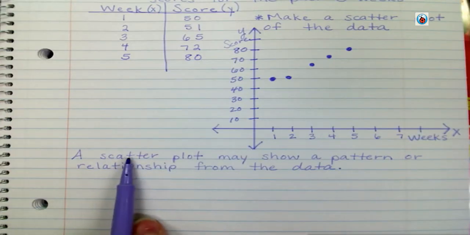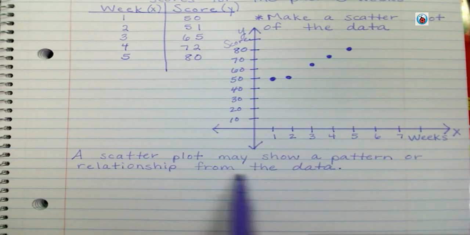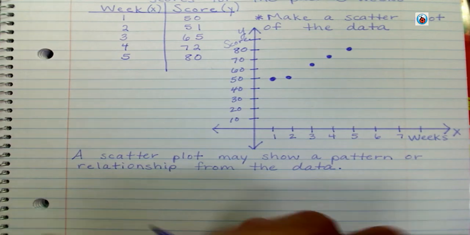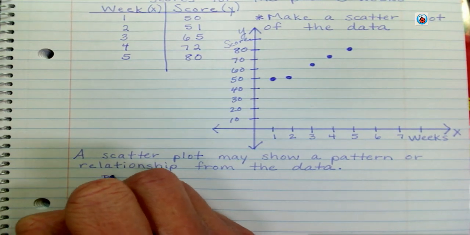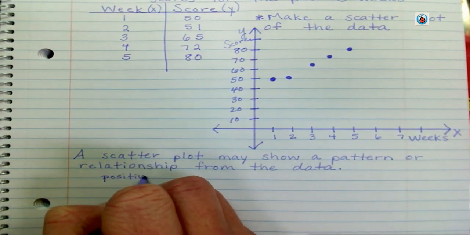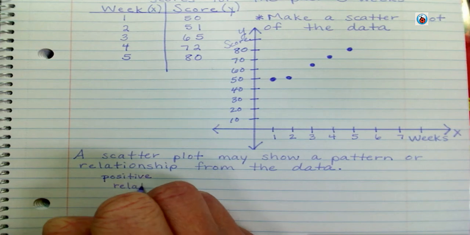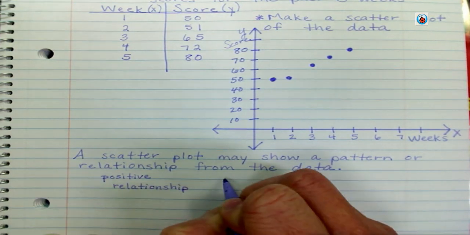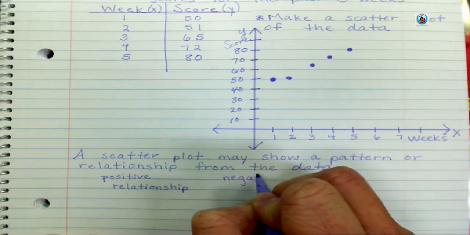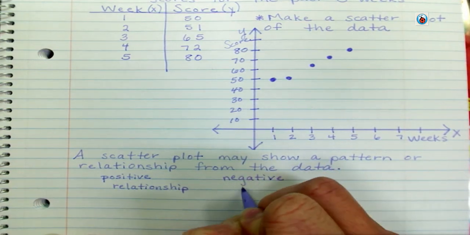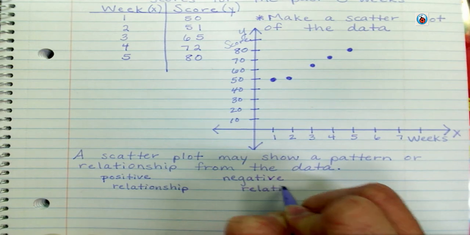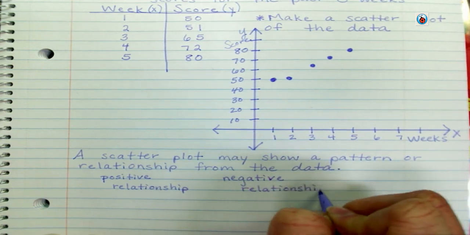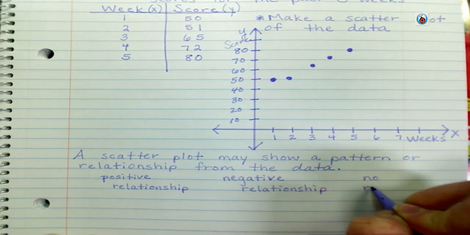Okay, a scatter plot may show a pattern or relationship from the data. So there's 3 different types of relationships that we might see. You could have a positive relationship, you could have a negative relationship, or you could have no relationship.